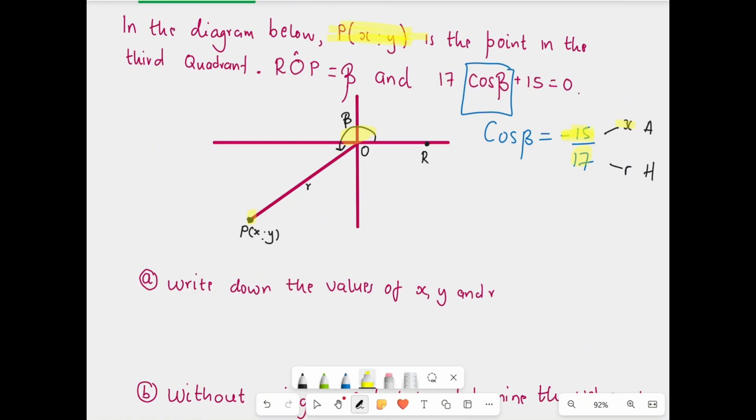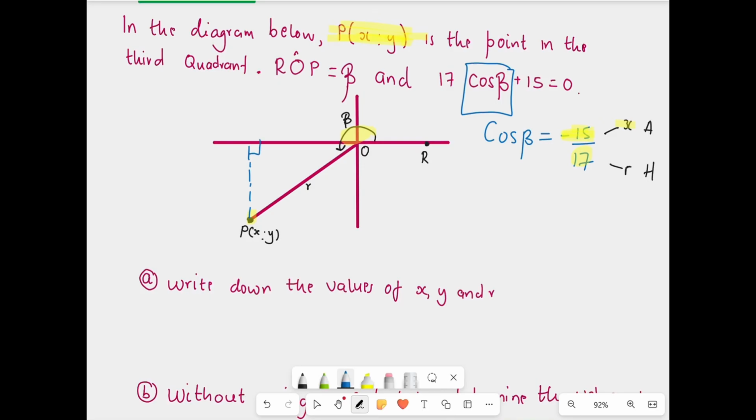So before we do anything again, we need to make sure that we complete this to make a right-angled triangle. Remember, when you construct here, your construction must always go towards the x-axis. So it will be 90 degrees here.